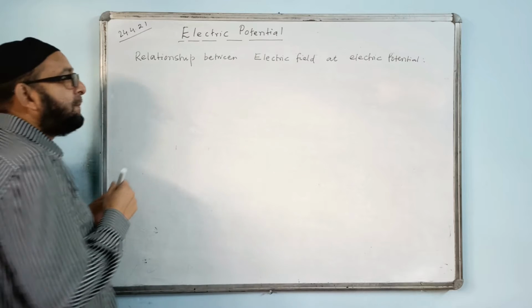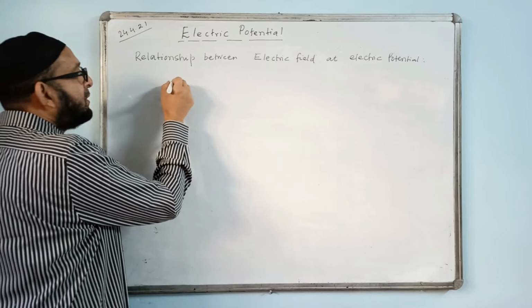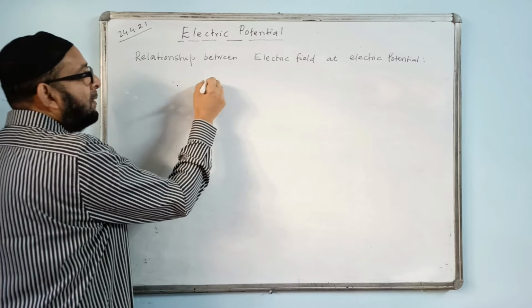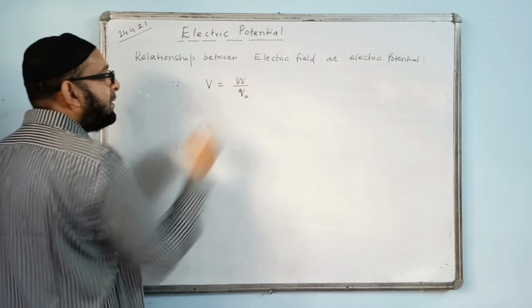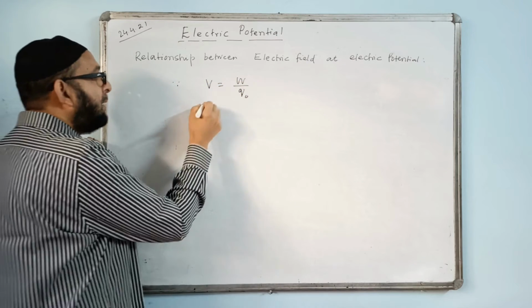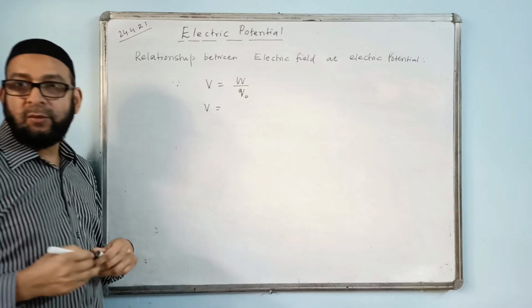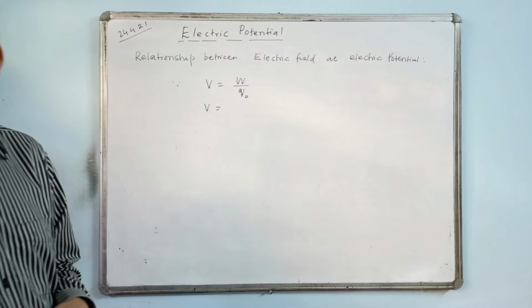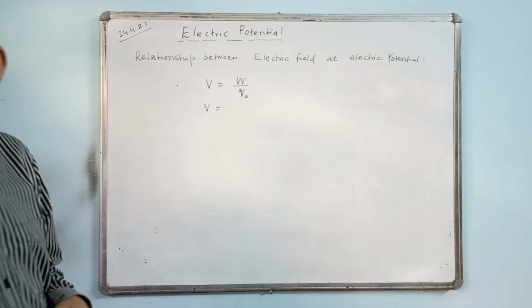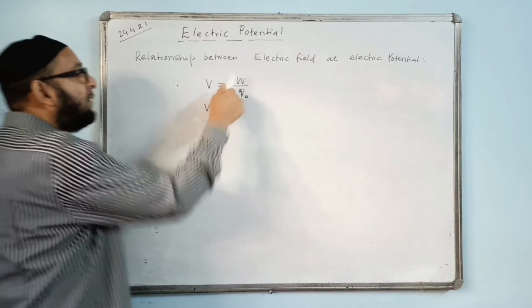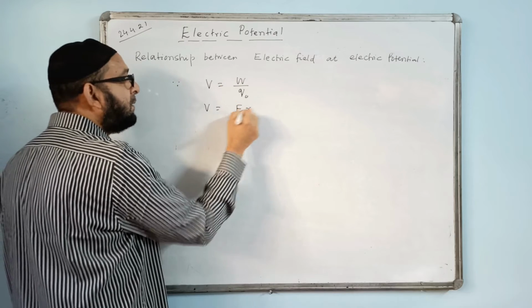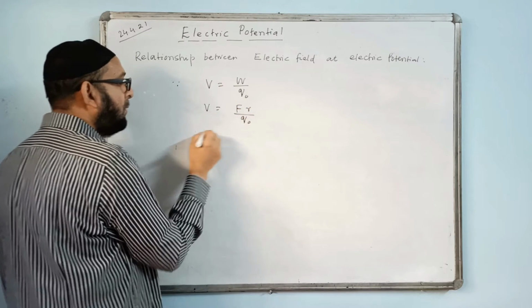So this relationship we can write like this. Since electric potential V is equal to W by q naught, we can write that first. Continuing, V is equal to the work formula, force into displacement, by q naught.